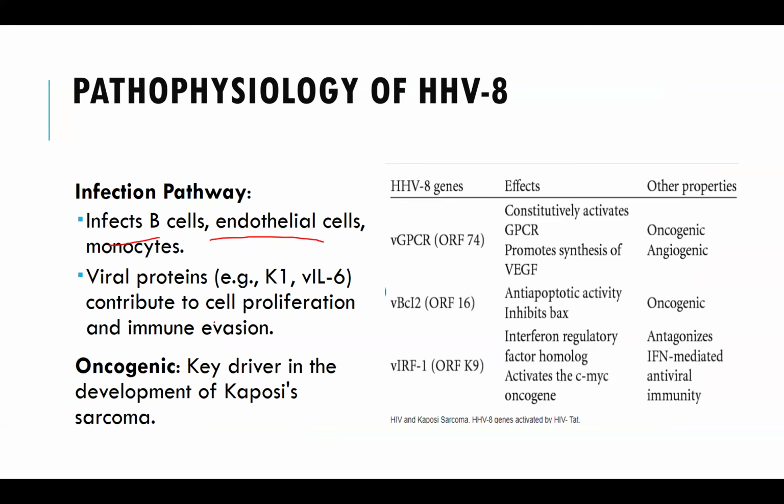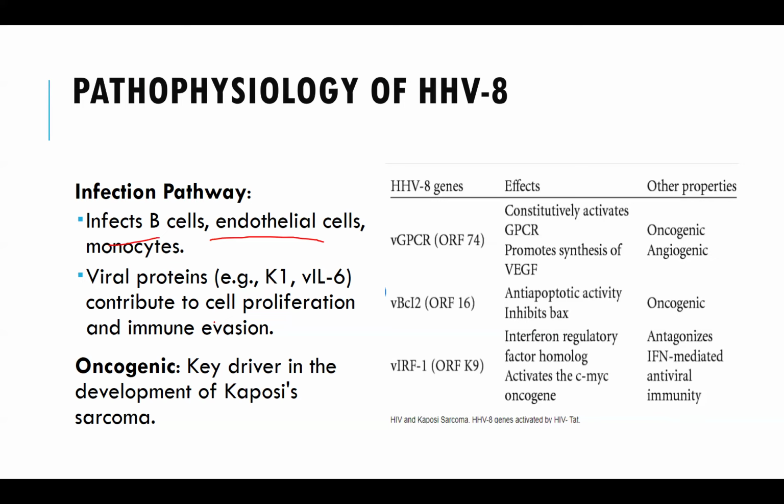So when the virus invades the B cells and endothelial cells, it starts producing these viral proteins, and these viral proteins will switch off all the mechanisms that are supposed to recognize that the cell is infected, and the expression to the cytotoxic T cells.